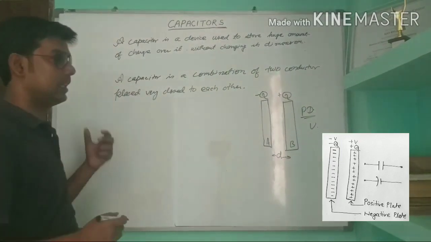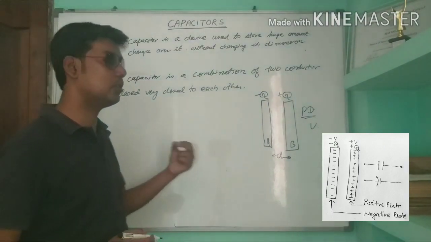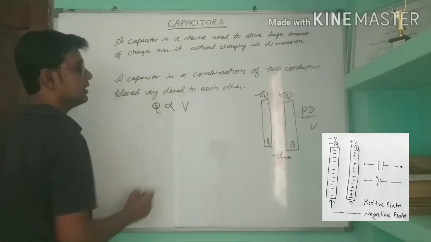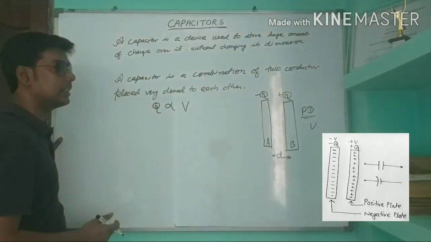So the amount of charge stored in a capacitor is directly proportional to the potential difference between these two conductors.